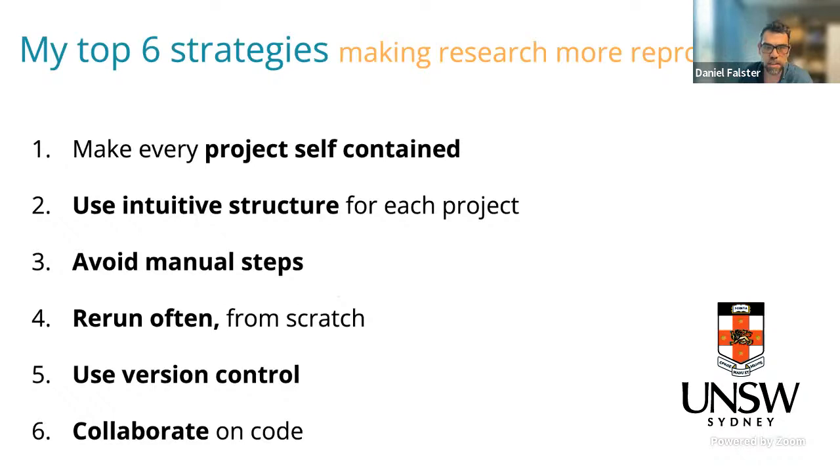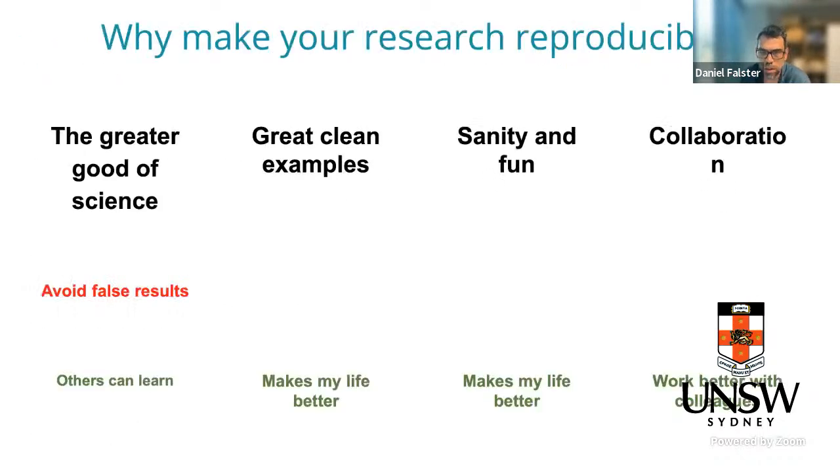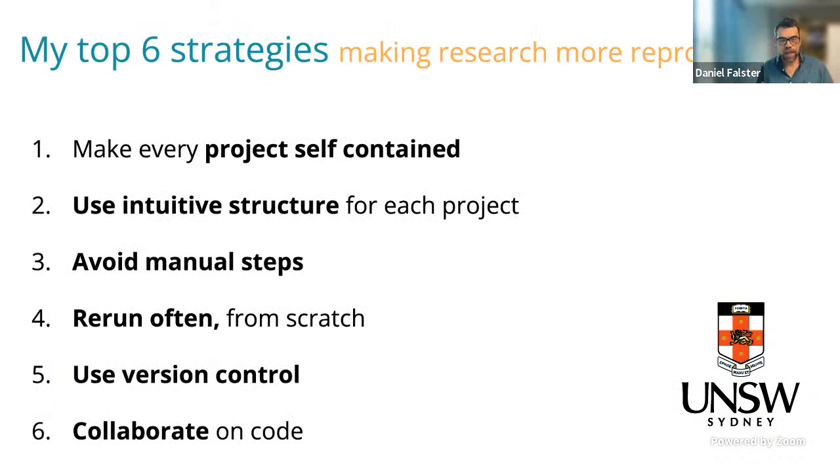So here's my top 6 strategies for making research more reproducible. Before I go through them, and I'm going to go through them in an R session in a second, I'll just say they're not super complicated.